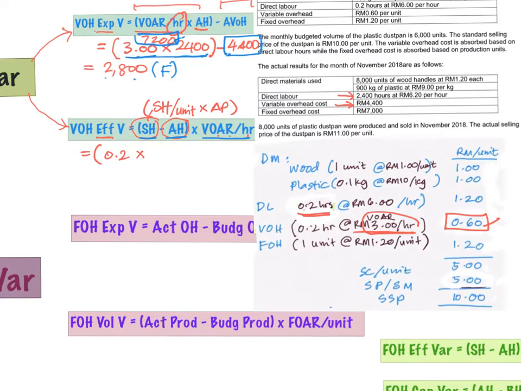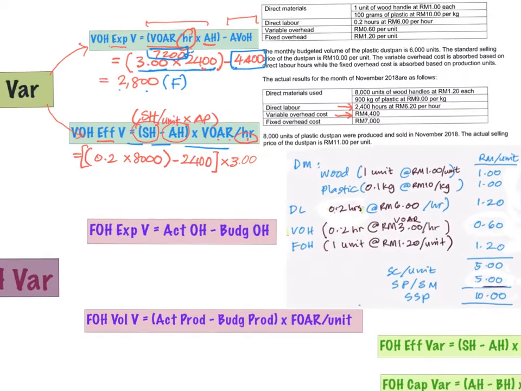Actual units produced here is 8,000 units. So you times it with 8,000, and after that you minus the actual hours. Actual hours we have already used, 2,400, and then after that times the variable overhead rate per hour, which is 3 ringgit.